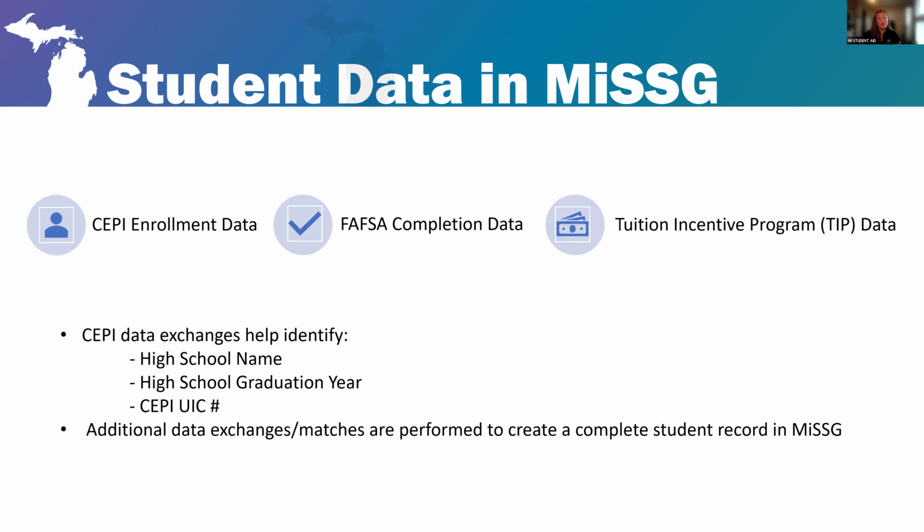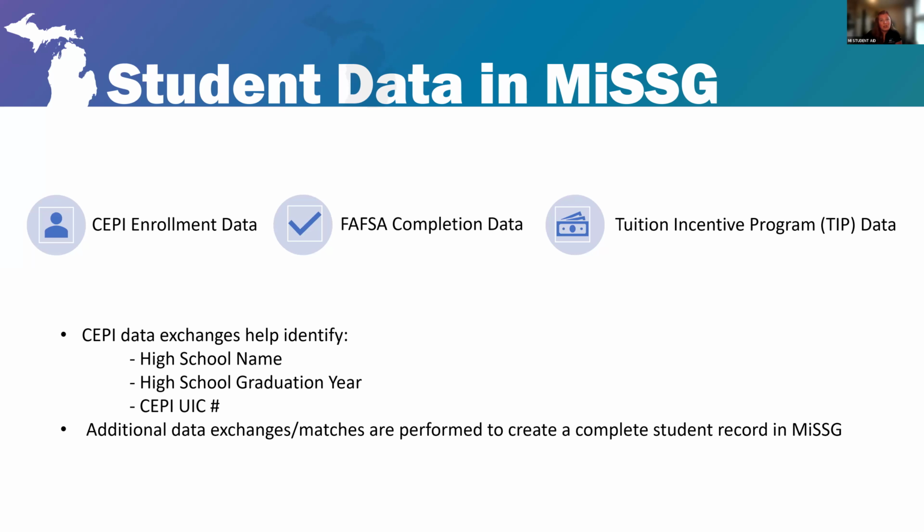We may also have high school grad year blank within that record, right? So that student is so young that that information isn't available. They might still be in middle school, and so we don't know what high school they're at. That information's missing, and also grad year may be missing.